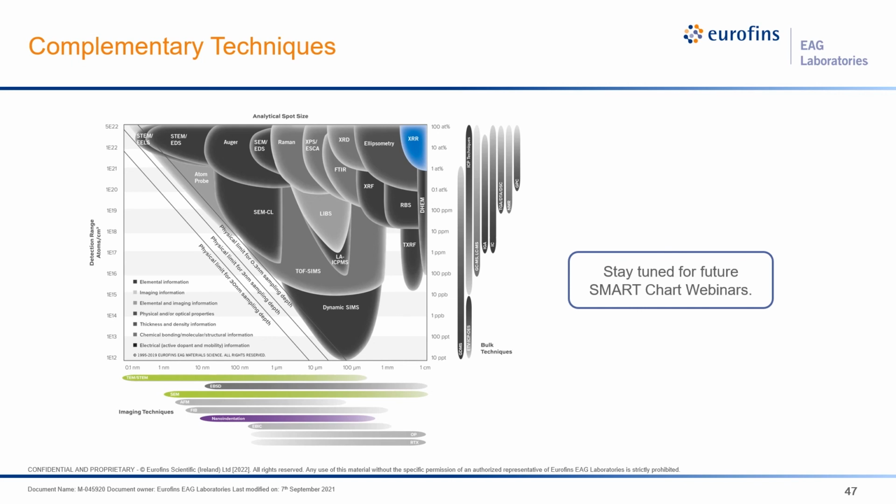SEM is an imaging technique that can provide morphology information and lateral critical dimensions. Tomorrow, actually, we'll be offering an SEM webinar at 11 o'clock Pacific time. And finally, several other techniques are complementary to scanning capacitance microscopy, such as DHEM, or differential Hall effect metrology, and dynamic SIMS. These both can characterize dopants.